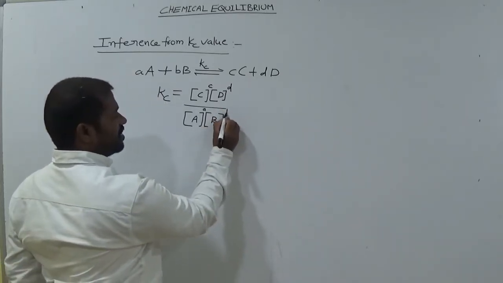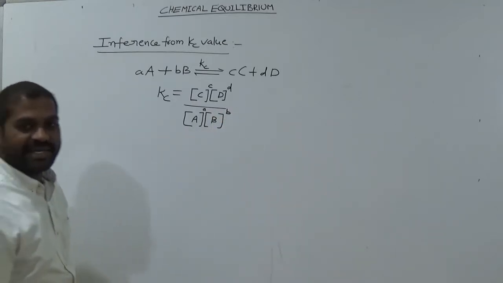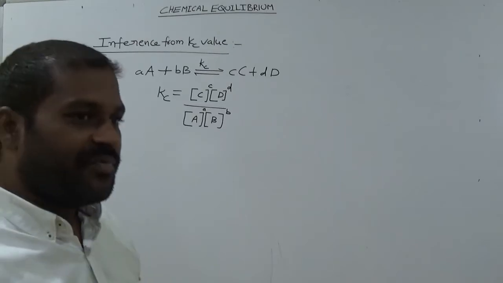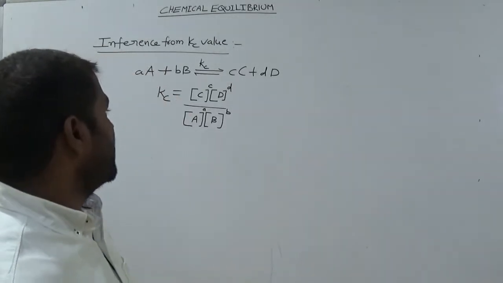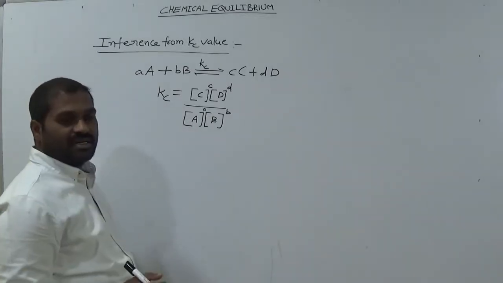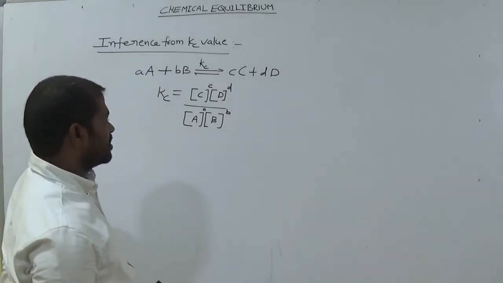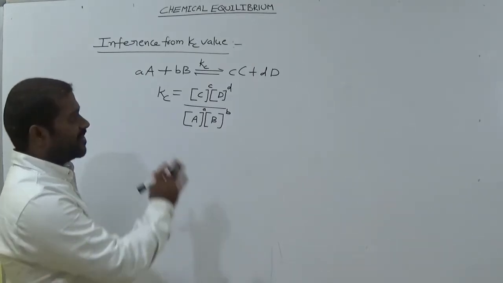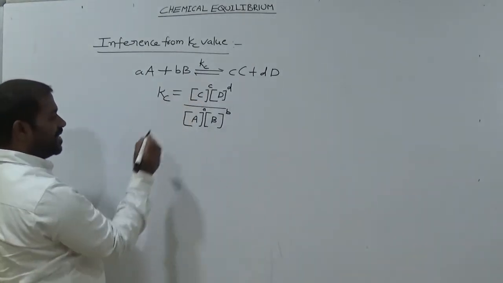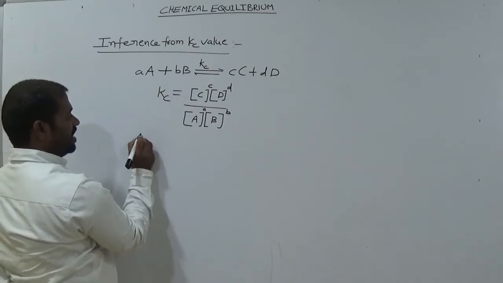So this is the expression for the equilibrium constant for a given chemical equilibrium reaction. It is called the equilibrium constant or overall rate constant for the reaction. Okay. So now here we have three cases.